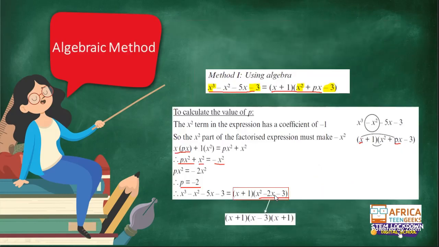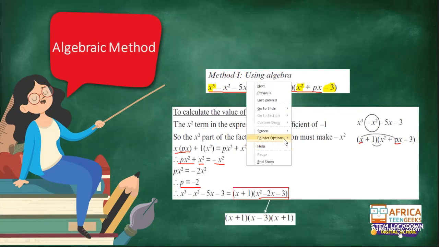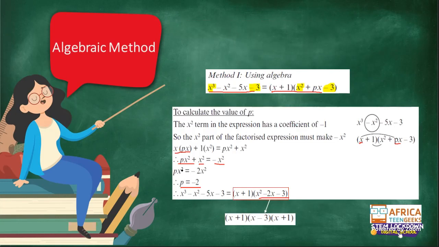How did you get -2? I'm a little confused about the axis. Because you simply divide both sides. If you divide your left-hand side and your right-hand side by x squared, then you will remain with -2. Yeah, because we're trying to solve for p. In other words, they cancel. So you divide by x squared. Remember what you do on the left-hand side, you do on the right-hand side. Oh, thank you. You're welcome.